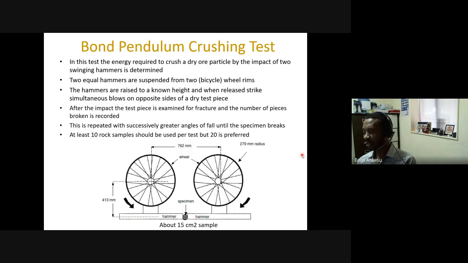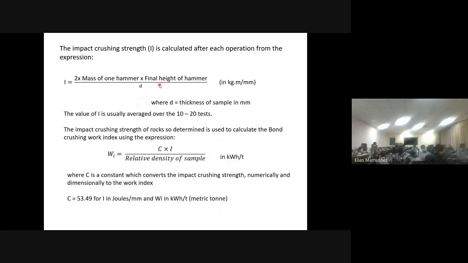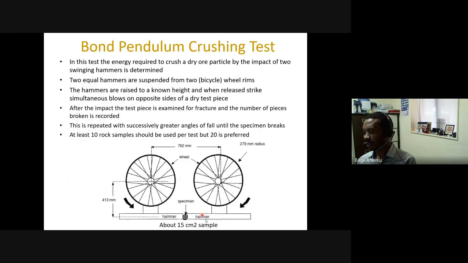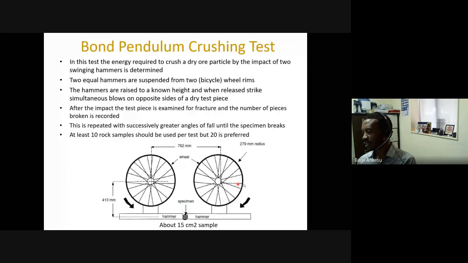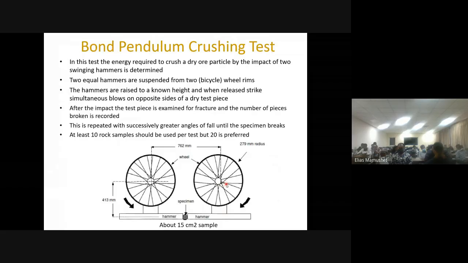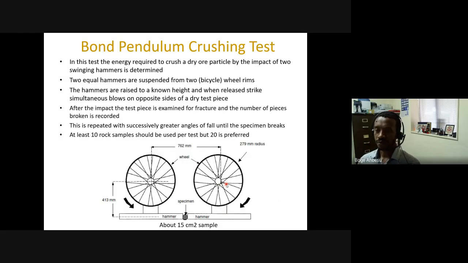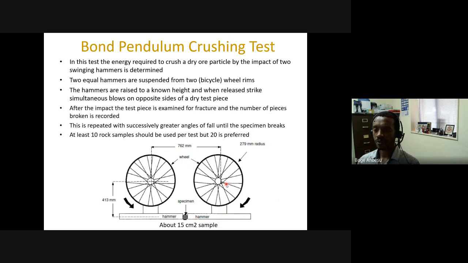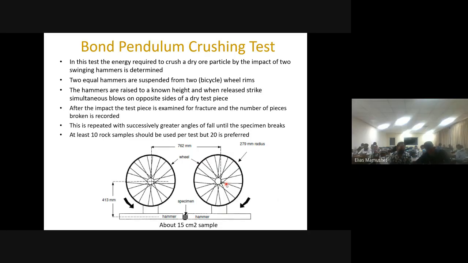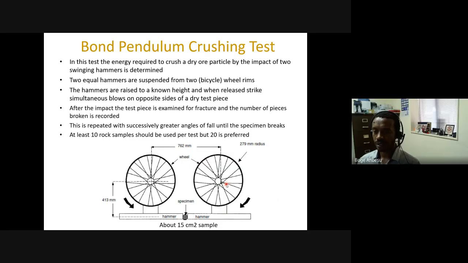So what do you measure from a Bond pendulum crushing test? So the hammer mass is known. Okay, you use a standard hammer mass. You can measure the height from which the hammer is dropped. Okay, so if you have a smaller height and the hammer doesn't crush the rock, you can always go higher and crush the rock from a higher height, and so on.